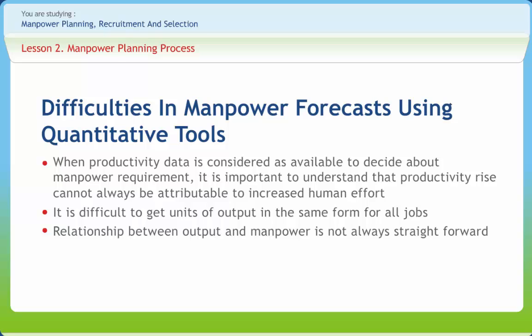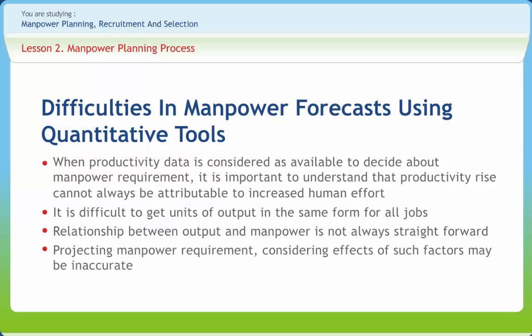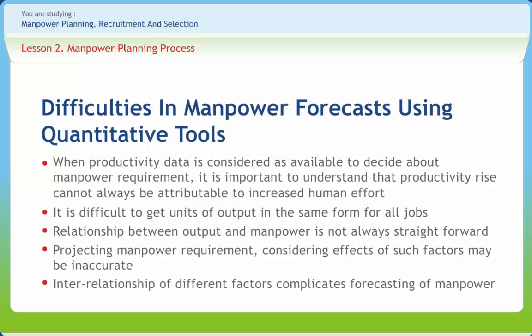Effect of factors to improve productivity, that is new technology, incentive schemes, etc., may not be consistent over a time period. Therefore, projecting manpower requirement considering effects of such factors may be inaccurate. Effect of different factors may not always be linear. Interrelationship of different factors complicate forecasting of manpower.